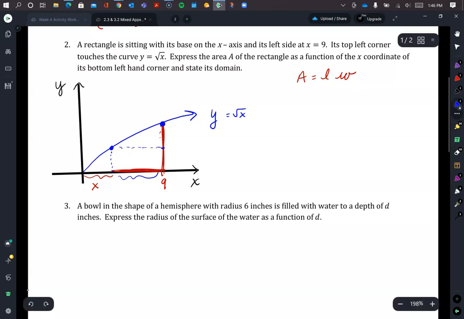So first of all, thinking of this point, I know that x has to be 9. So then my square root of 9 would be 3. But I'm just going to write it as square root of 9 in there.